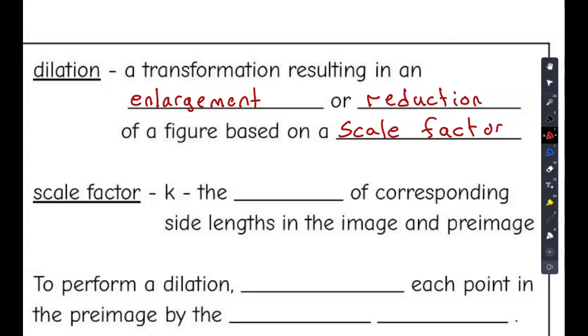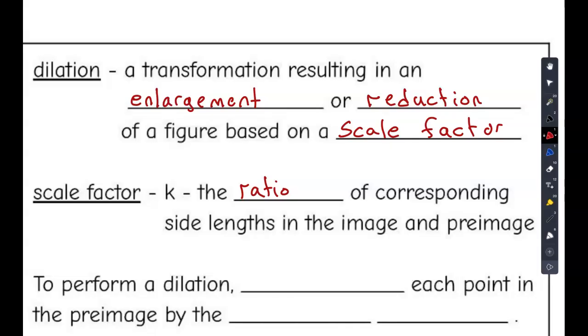The scale factor is K, and it is the ratio of corresponding side lengths in the image and pre-image. If you take the side lengths of the pre-image and divide by the image, or the image divided by the pre-image, you will get the scale factor.